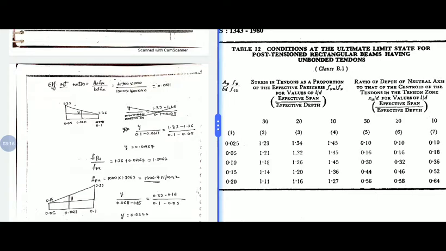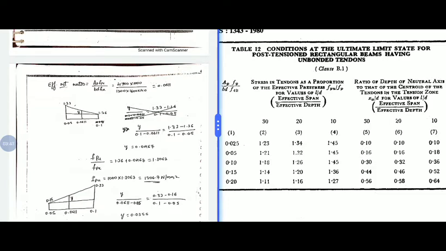First we need to find out FPU by FP. Since L by D ratio is 20, refer column number 3. For 0.05 it is 1.32 and for 0.1 it is 1.26. Now interpolate for 0.0611. We will get FPU by FP value as 1.3067.